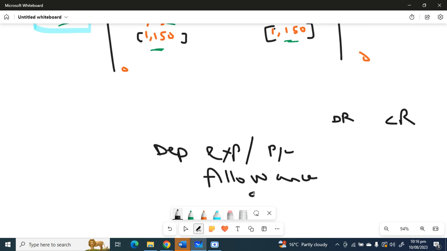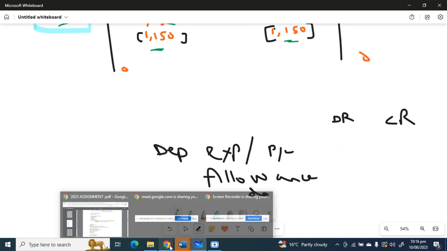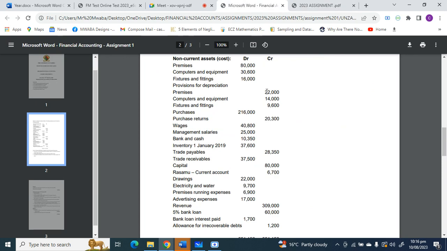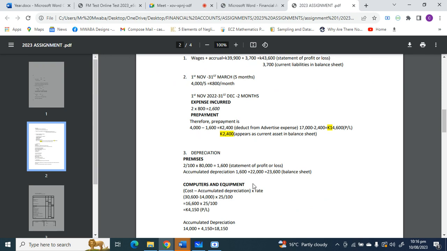You credit it, all right? So this depreciation expense we've incurred of 1,600, we're going to add to the accumulated depreciation for premises. So premises, the accumulated depreciation, 22,000. You add plus 1,600, 23,600.